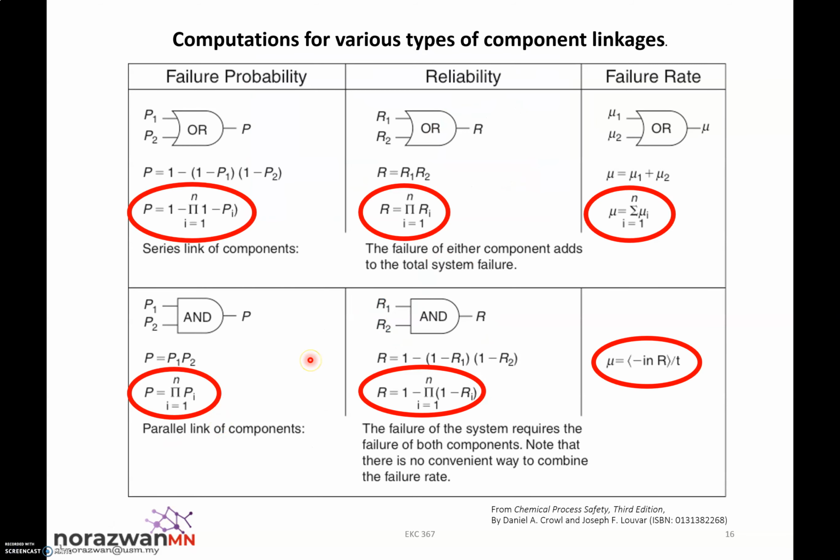To summarize, these are the types of component linkage and their failure probability, reliability, and failure rate mu. What is their R, their P, and their mu based on their interaction. Remember, this is the OR gate, this is the AND gate, this is for parallel, this is for series.